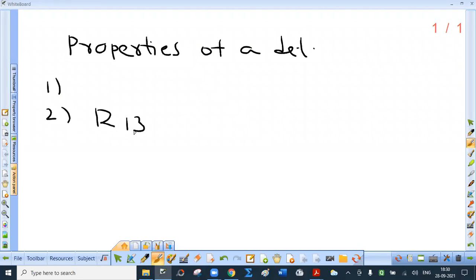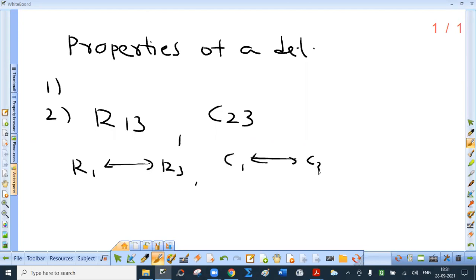Do not read this as R thirteen. Similarly, C23 denotes interchange of second and third columns. You may also write this as R1, R3 are interchanged. C2 and C3 are interchanged, like that.